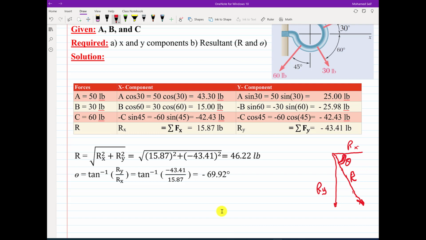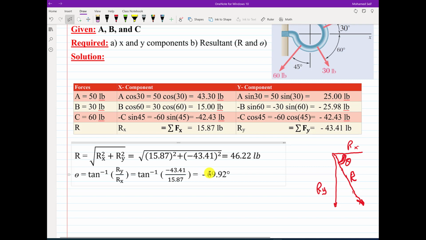So if you substitute that here, you get the resultant force at the end: 46.22 pound, and the angle theta is minus 69.92. Notice something here: the Ry is negative, so you have to put it negative so it can give you the exact angle.